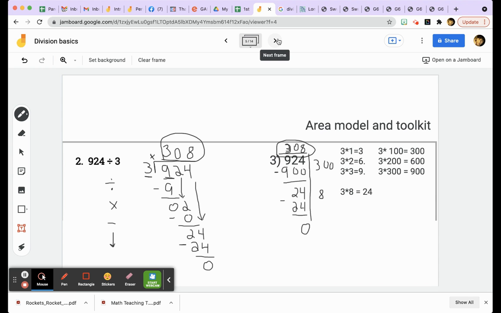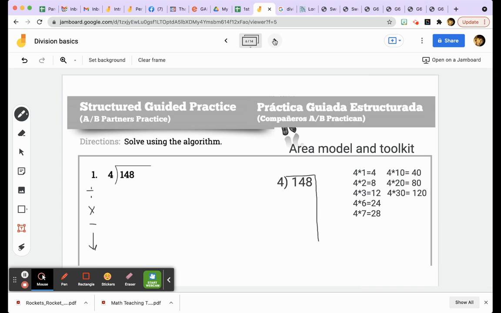So now we're going to move on to structured guided practice. You now need your SWAN math book, and you're going to open up to, it should be page 50.